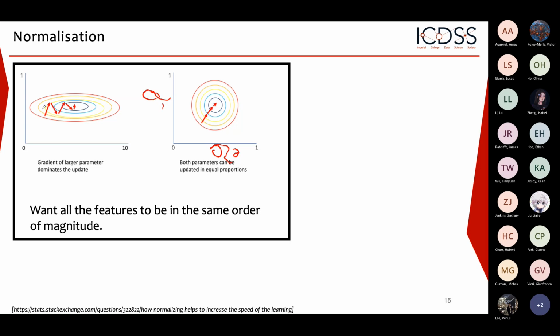Because now the claim is that here you're going to bounce up and down, up and down, whereas here you're going to go straight through the heart of the ball. And it turns out that if our data are so mismatched, it's more likely that we end up in this situation here, where our cost function is not very regular in the parameter space. So we need to fix that.